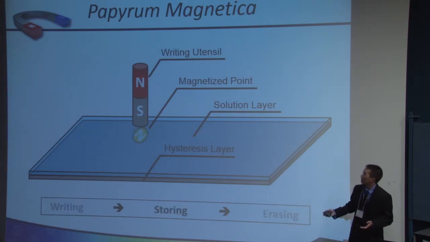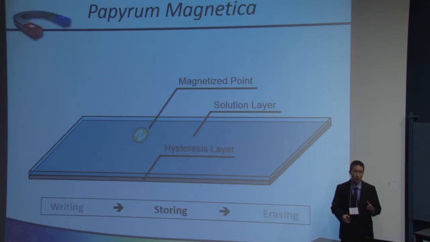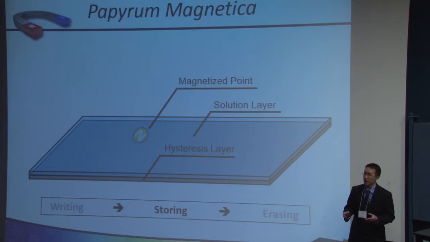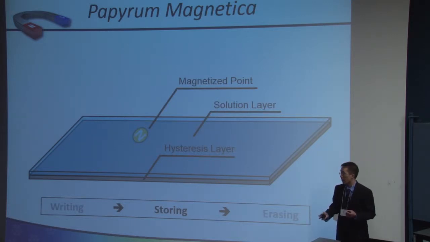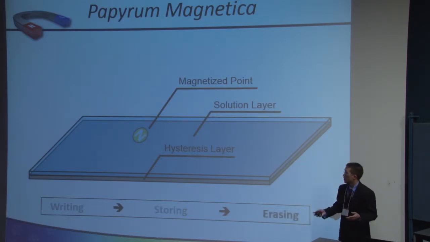Now, once the magnet has been removed, the hysteresis layer maintains the magnetic field within our device, and thus the photonic crystals are maintained in the solution layer, and that reflected color can still be observed even without the magnet that was initially used to write it. Now, erasing is just as simple.